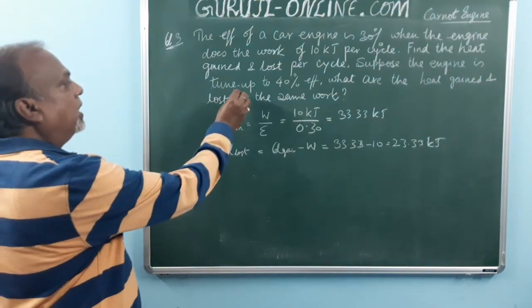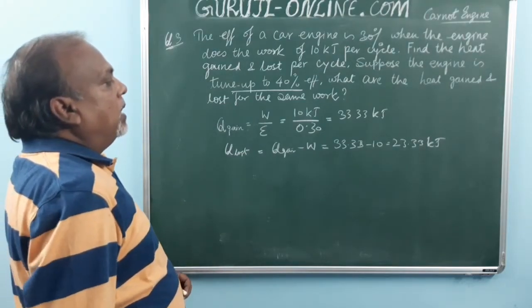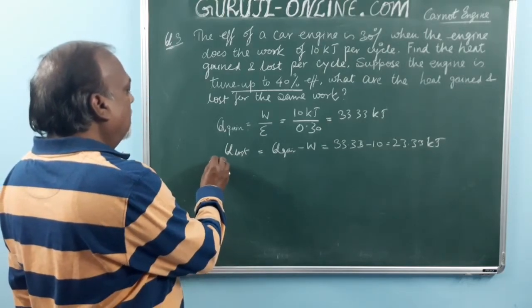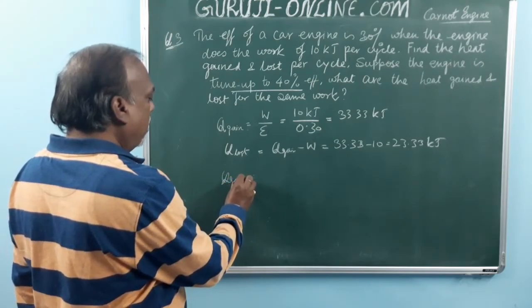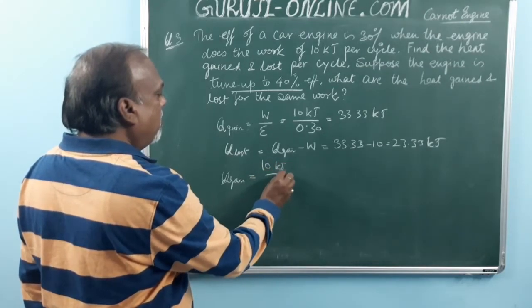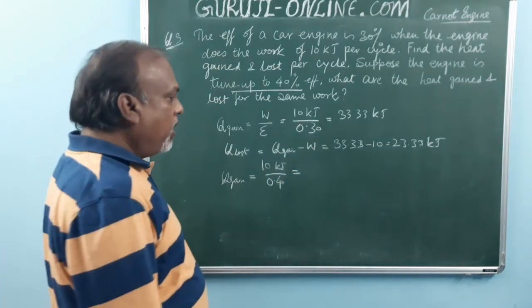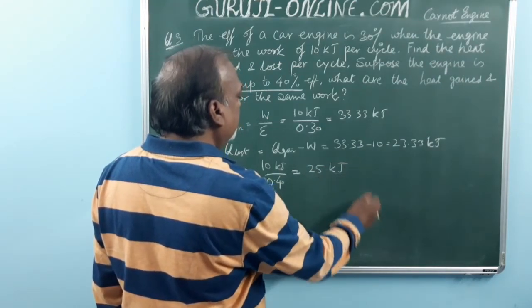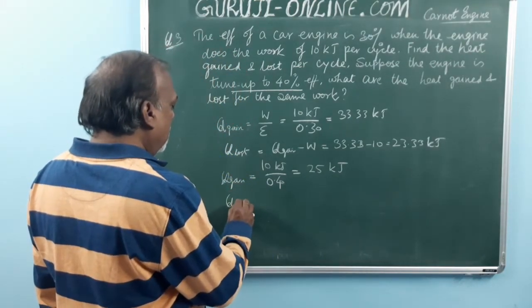Now the second part of the question, that is, now the engine is tuned up. Suppose the engine is tuned up to 40%, then what will be the Q gain? Work done is same. It will be 25 kJ, and what will be the Q lost?